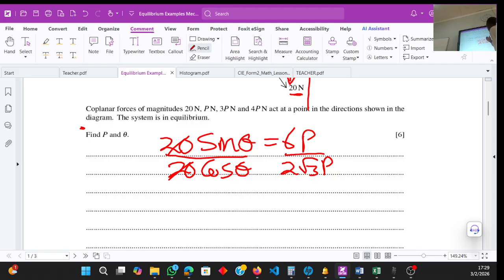Now, in the process, we can see clearly that here the numerator and denominator are the same, so they cancel. Now I've got my identity sine theta over cos theta, which will simplify to tan theta equal to, again, on the right hand side, I can see p is common, so it can cancel. But now, what's remaining? I can see that here I have 2 root 3. Now, root 3 is on the denominator, and according to our steps, we are being asked to rationalize our denominator because we can't leave the surd on the denominator.